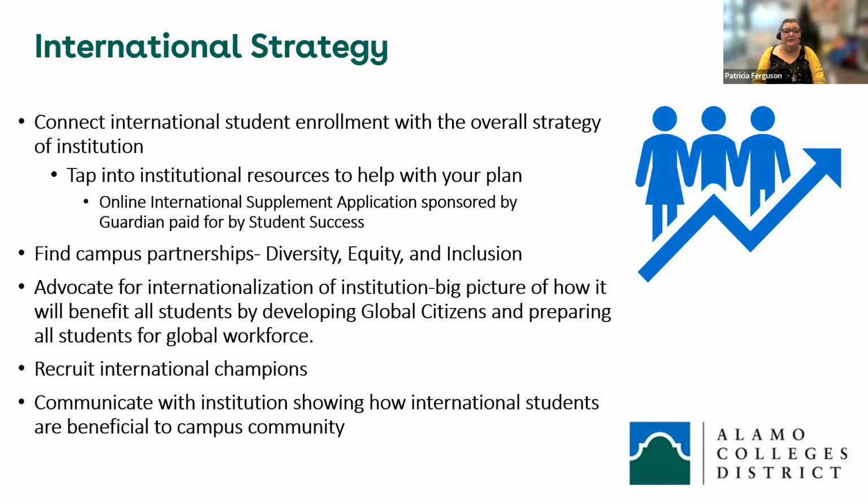We are really trying to get noticed within our organization so that we can have the resources we need to go out and recruit more students. So one is connecting international student enrollment with our overall strategy for our institution. And we are in the process right now.